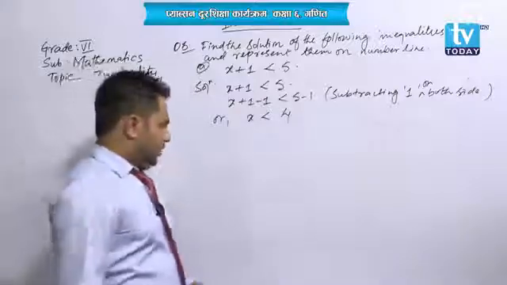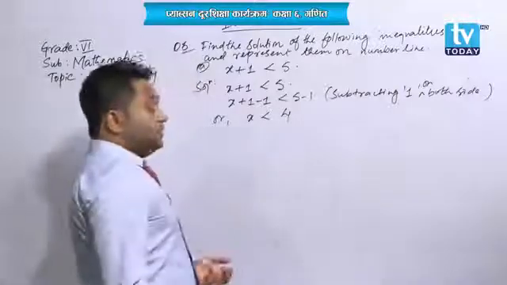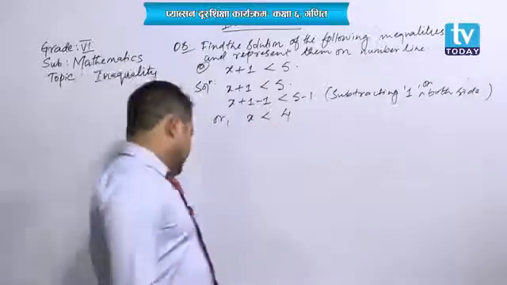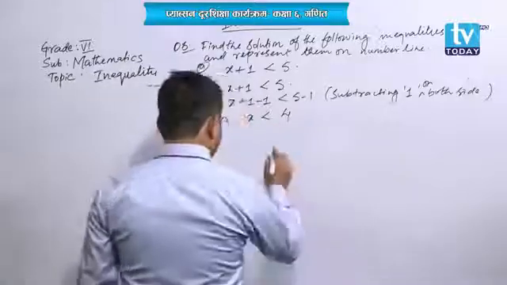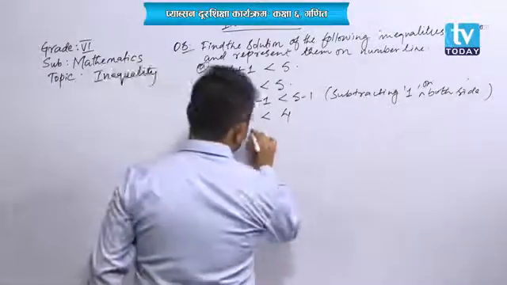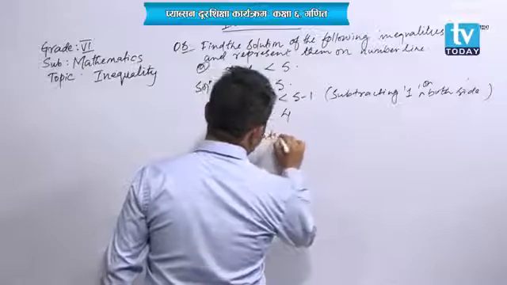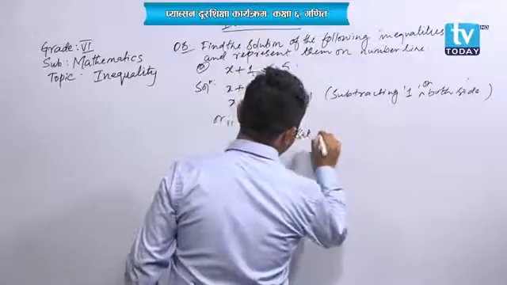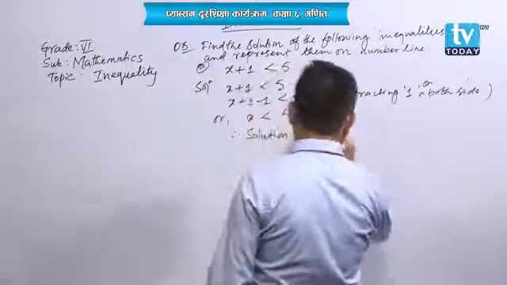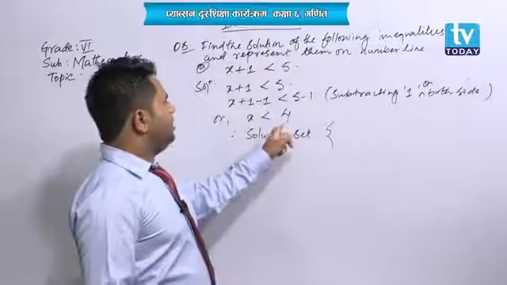So now you have to represent this in number line also. Therefore, what will be the solution set? Solution set, how to find? The values of x are less than 4.